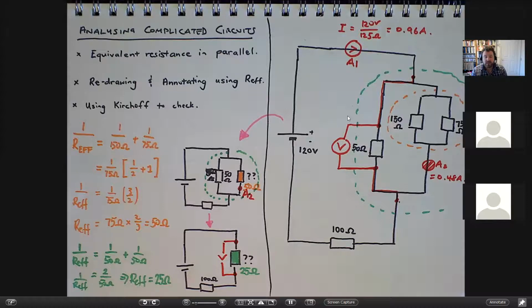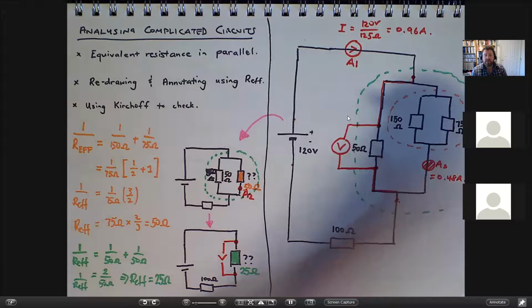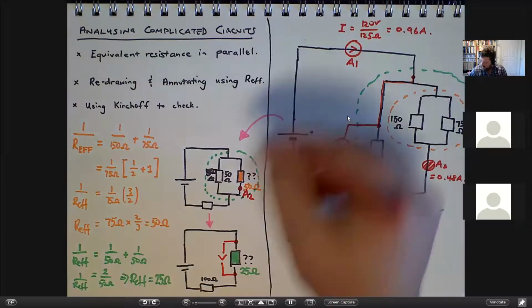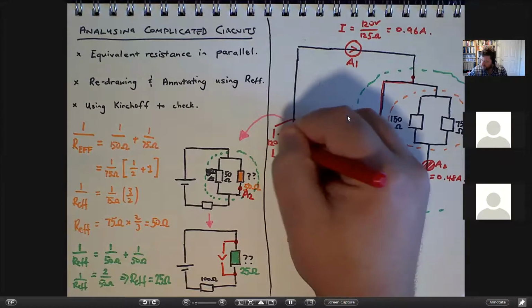Will: Can you connect a voltmeter to just two separate parts of the wire if you wanted to figure out what the voltage of the actual battery was? Yes, absolutely. It would have to be either side of the battery. If you measured from that point of the wire to that point, then you would get 120 volts.